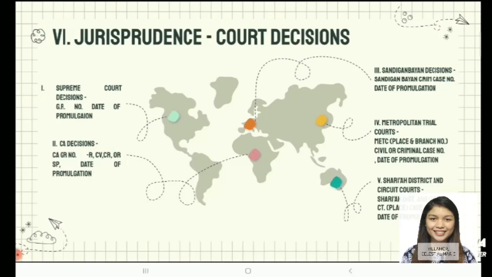So here are the sources for jurisprudence. For the primary source, we have Philippine Reports. A primary source is cited by the family name of the parties, the volume number, page, and the year of promulgation in parentheses. If a specific portion of a decision is used, the page must be included in the citation.